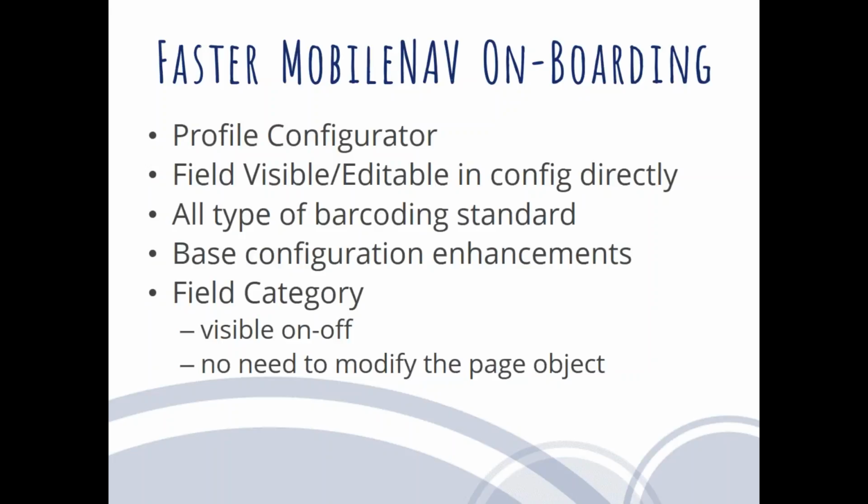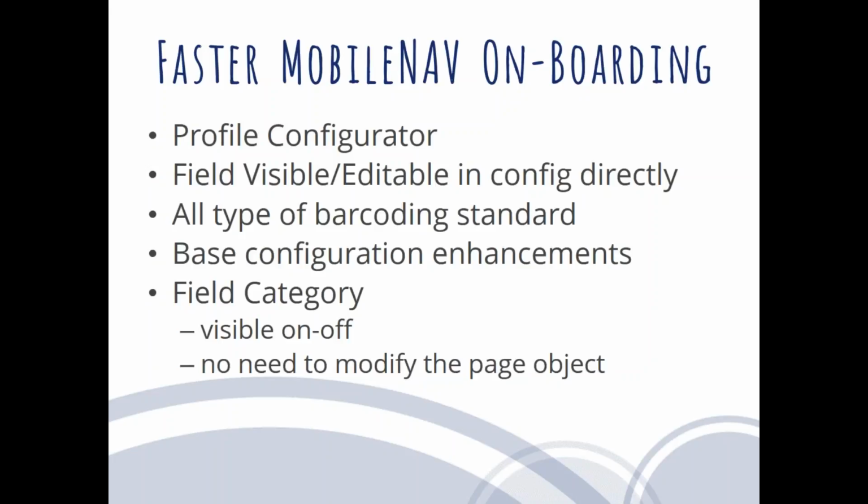So we always had the question, okay, what should we do if we use a different field on the item card, or what should we do if we are using item cross references? Now the good news is that item cross reference is now part of the MobileNAV configuration. So if your customers are using item cross references, then you don't need to do basically anything. Just press the scan button and then it will work out of the box.